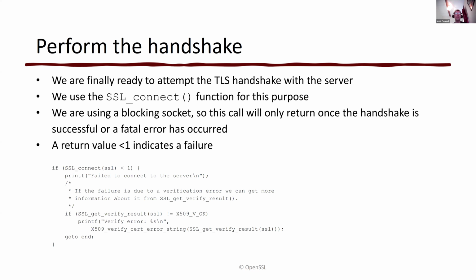If the result is OK, then that tells us the verification was successful. It must have been something else that failed. Otherwise, we might want to know what the cause of that verification failure was, and we can call this function X509_verify_cert_error_string, pass in the verify result code that we got, and that will give us back a human readable string which explains the cause of the verification failure. In this example, I'm just printing it on the screen and then bailing out.